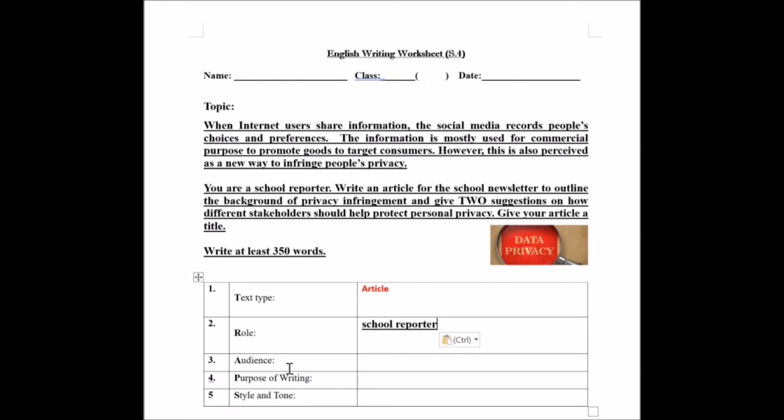Now, who is your audience? That means who are going to read what you write for the school newsletter. So obviously that will be your classmates, your schoolmates, your teachers, or maybe your principal, or even the general public.